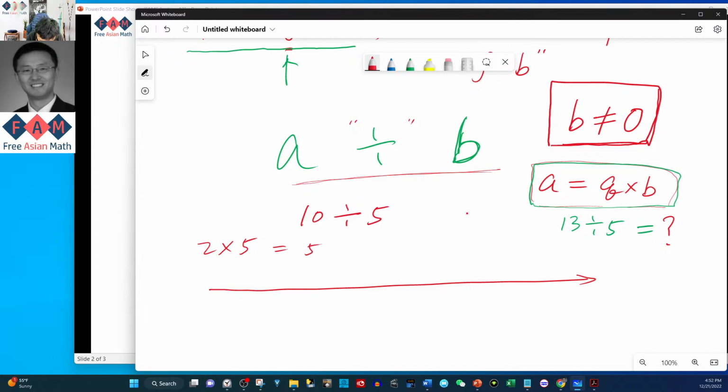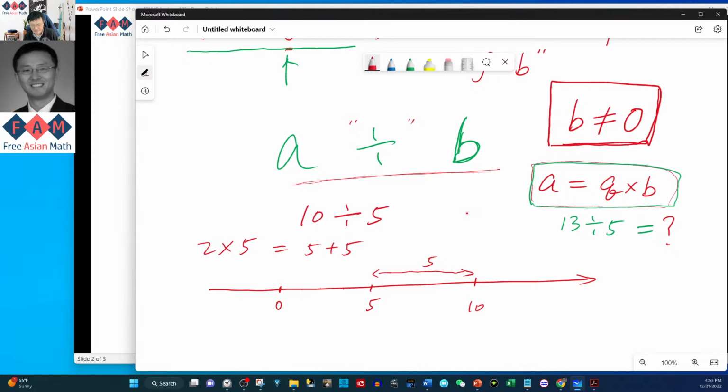So it's actually 5 plus 5. On the number line, we have 0, we have 1, 2, 3, 4, 5. 5 is here. We just count forward because that's just addition. We just add another 5. So we get 10. That's how we actually define multiplication.